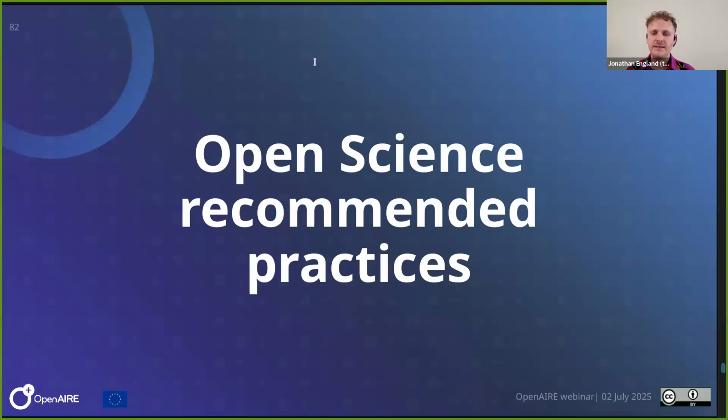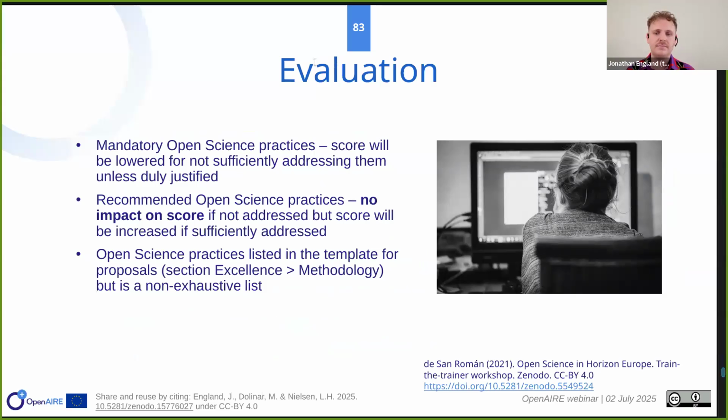So open science recommended practices are a set of many different types, because open science is an umbrella term. We always talk about open access to publications and research data management, but it has many more layers to it. And in the grant proposal, those are not mandatory fields, but if you do include them, they will always have a positive impact on your scoring.